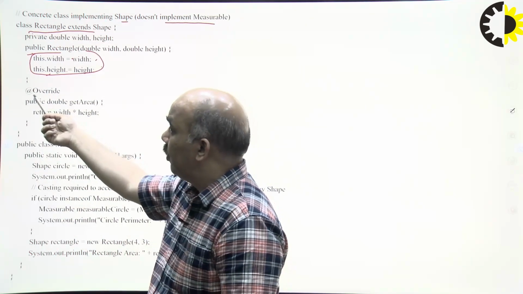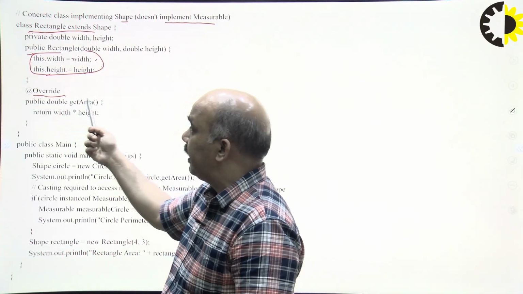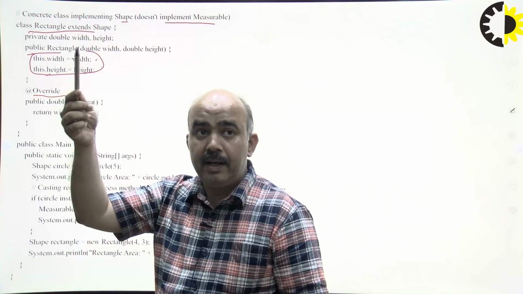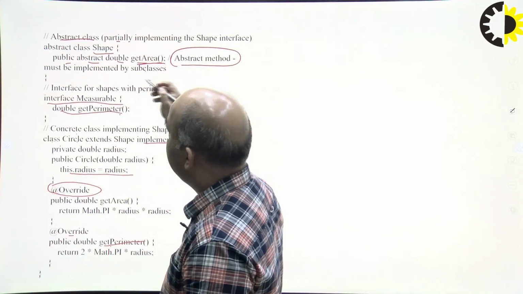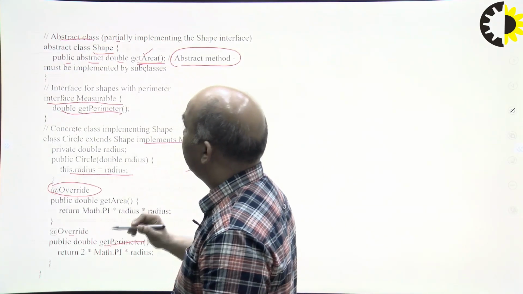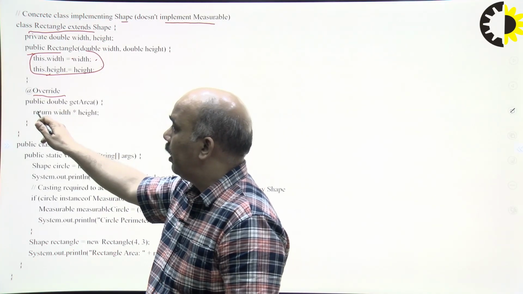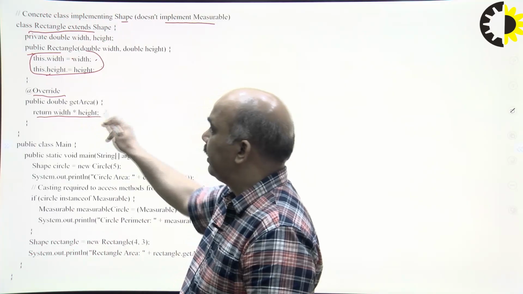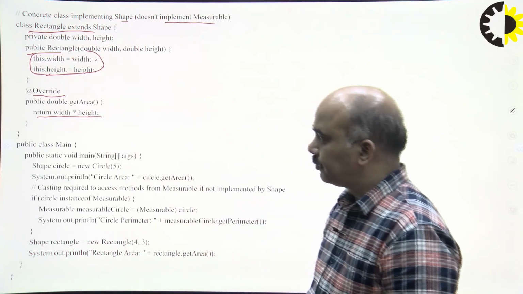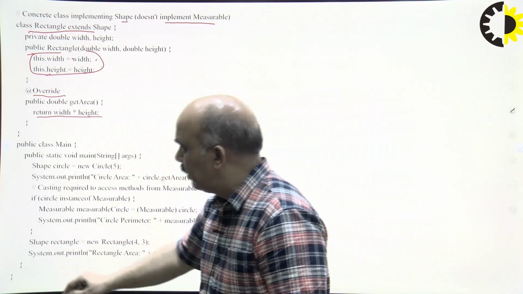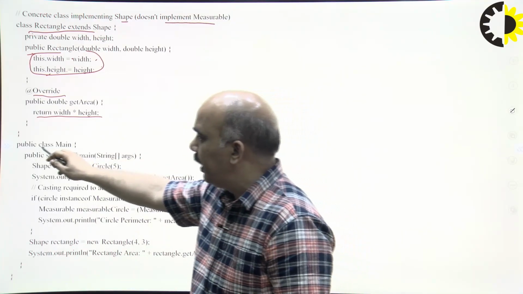For that we use the override method, public double getArea. Using that getArea, we return the area from the width and height in this case.